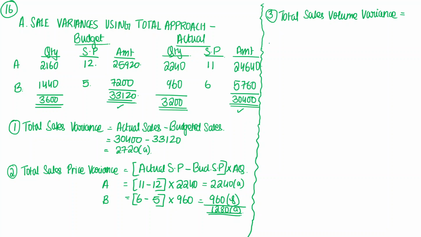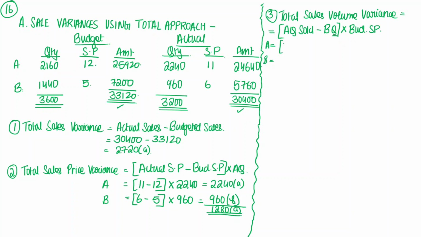Formula: actual quantity sold minus budgeted quantity into budgeted selling price. Correct? Same formula. So that is equal to, for A and for B.